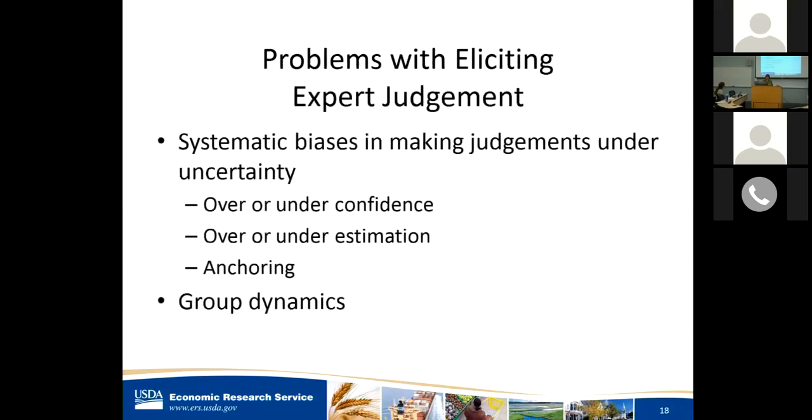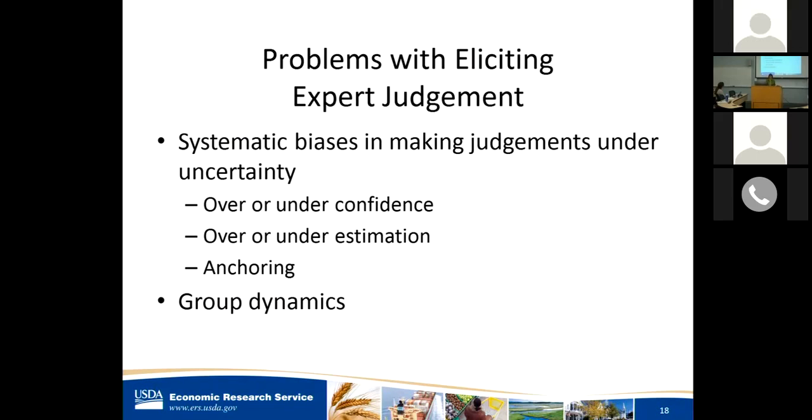So let me now go back. The area of expert elicitation grows out of a literature on the psychology of judgment under uncertainty that identified a number of consistent kinds of problems that arise when people are trying to make judgments under uncertainty. Individuals can have systematic tendencies towards being overly or underconfident about their estimates.